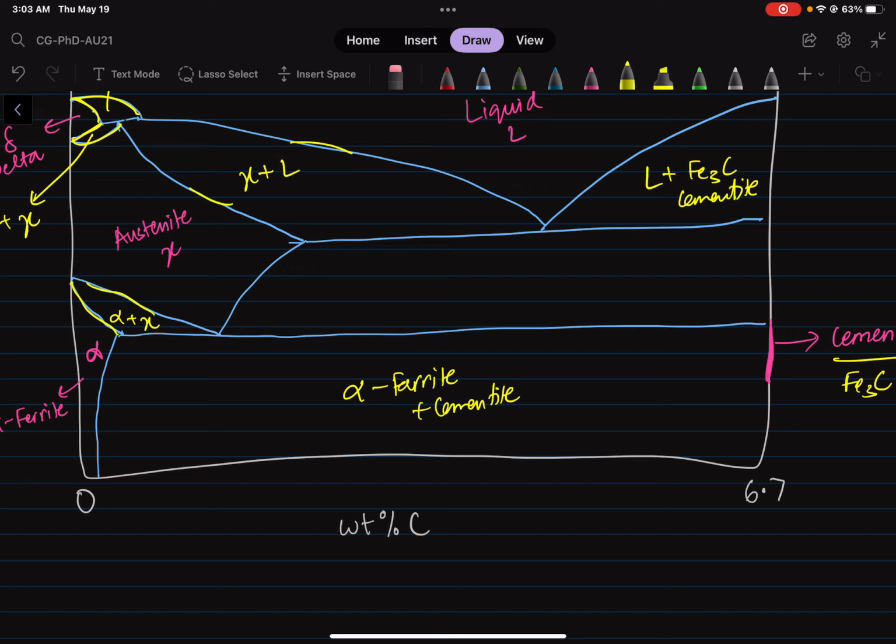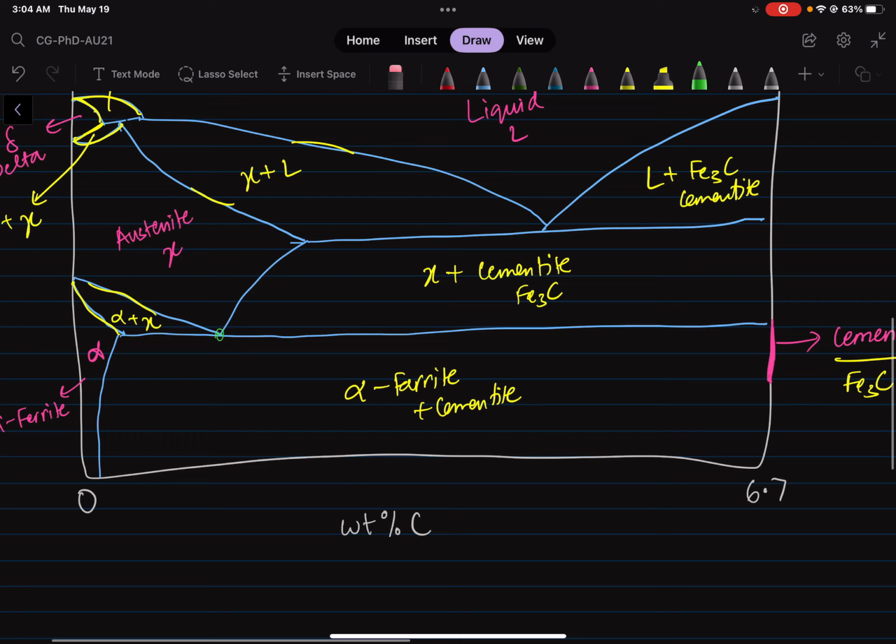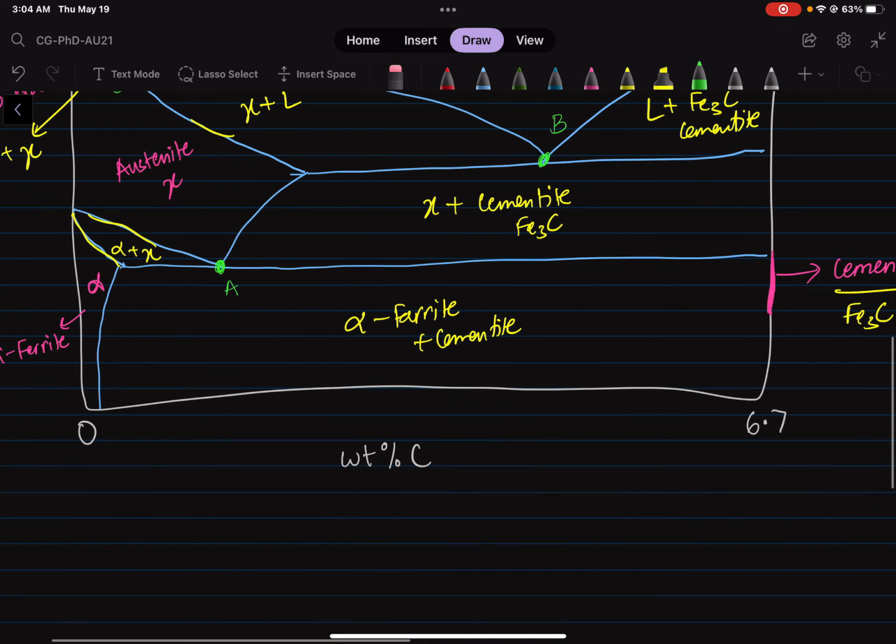And then over here, you will have gamma plus cementite or Fe3C. And then some important points to note. Let's call them point A, point B, and then point C.